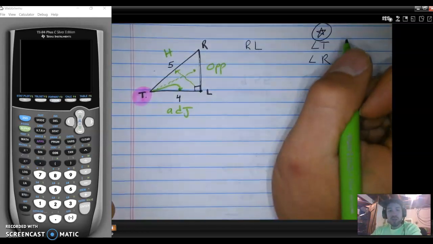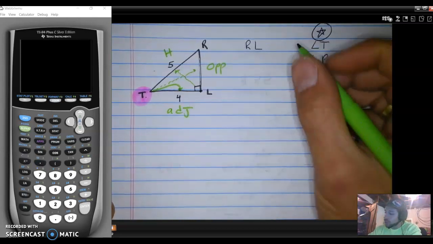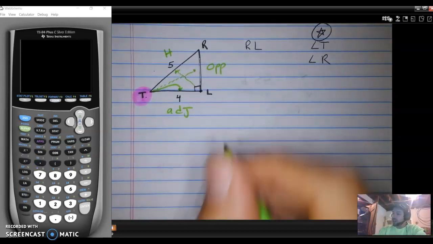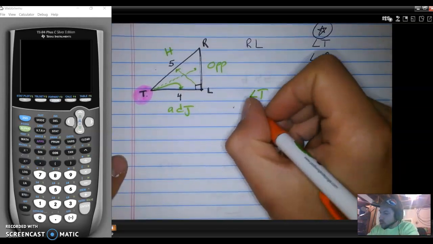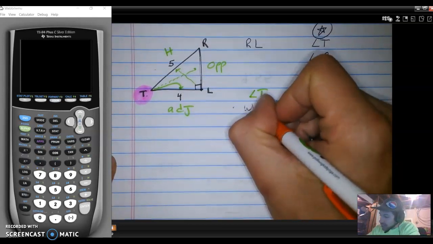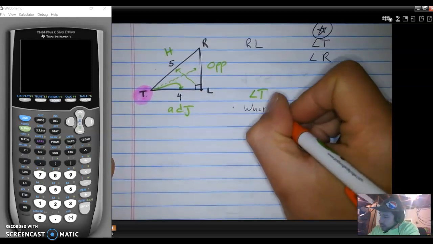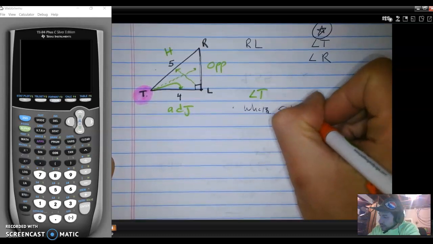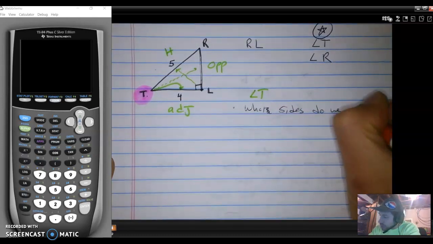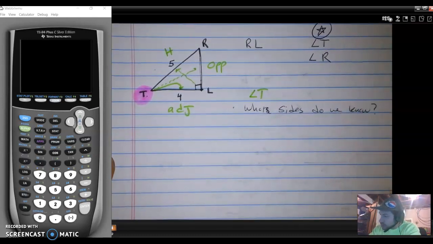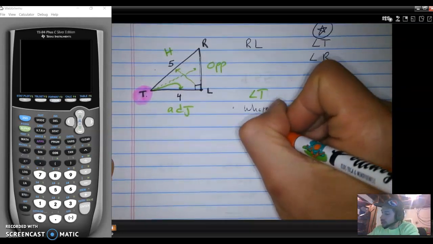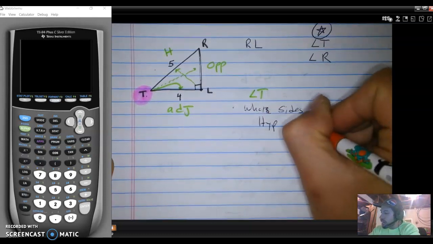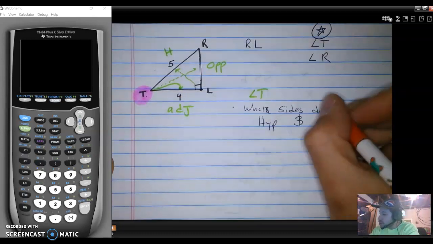Now, since we have two unknown angles and we're working with T, we're going to ask ourselves similar questions to the ones we did in the previous video. We need to set up a ratio. What sides do we know? In this case, we know our hypotenuse and we know our adjacent side.